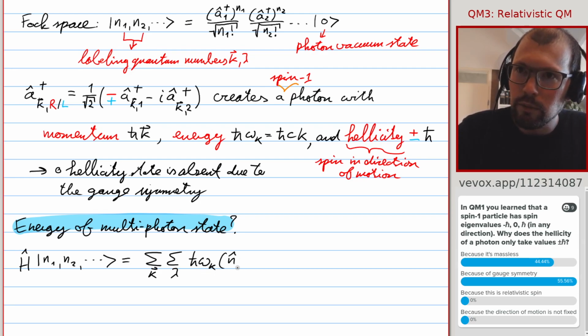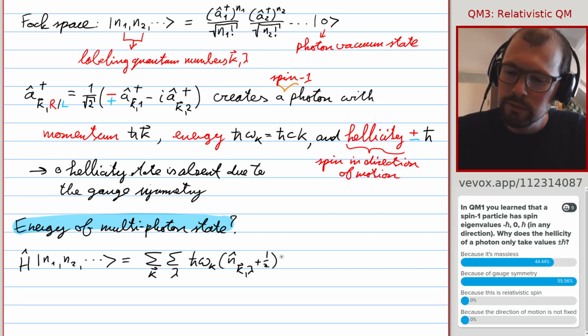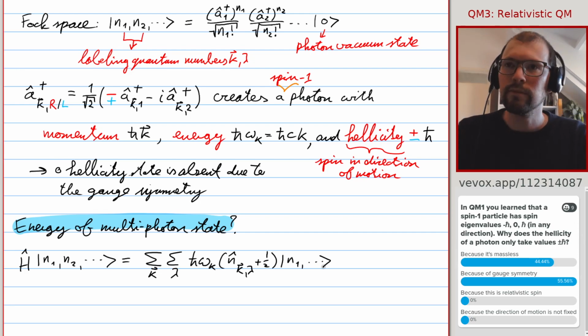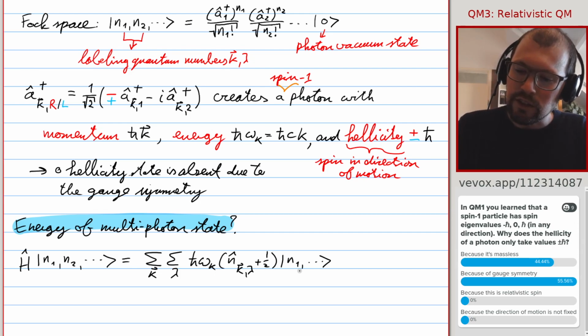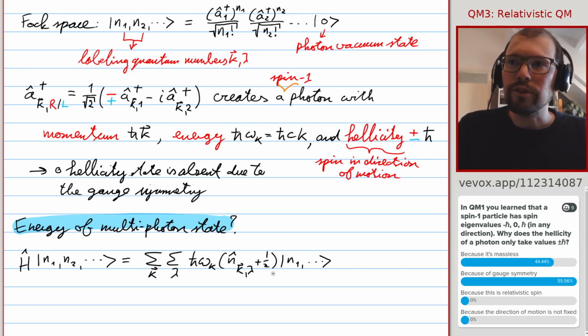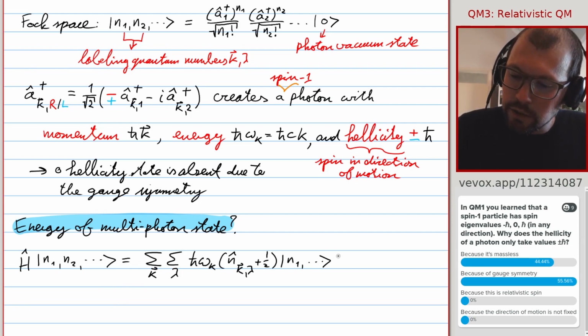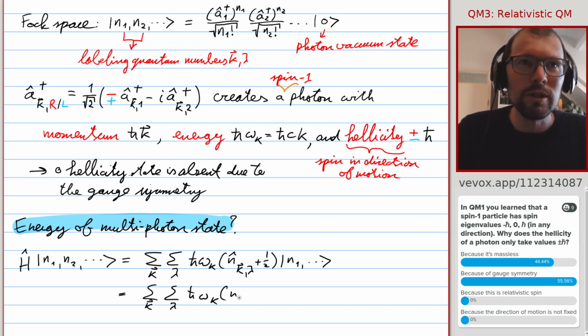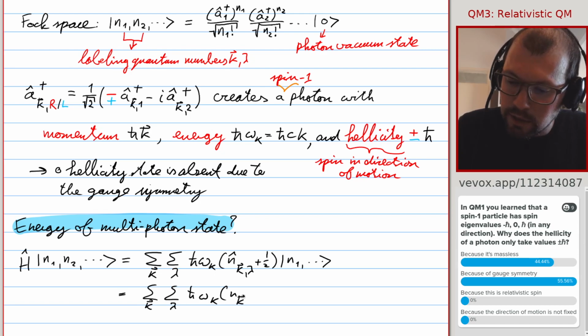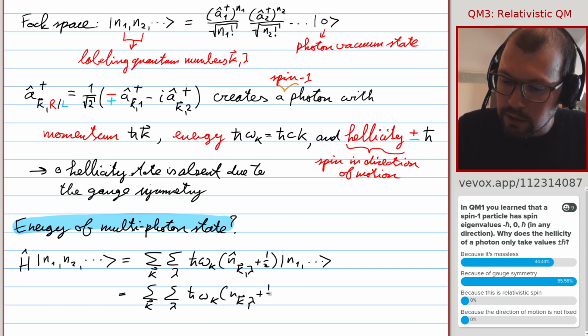So we have there the number of quanta plus 1/2 acting in the state. And clearly this is an eigenstate of this operator with eigenvalue just the number of quanta in this particular harmonic oscillator.